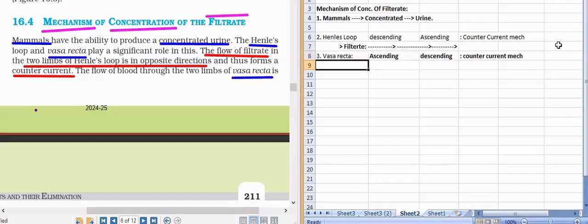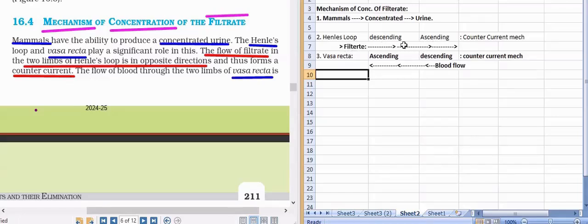The same way, in the case of the vasa recta, the blood is coming from the descending to the ascending limb. That is blood flow. Blood comes from down, going upside.